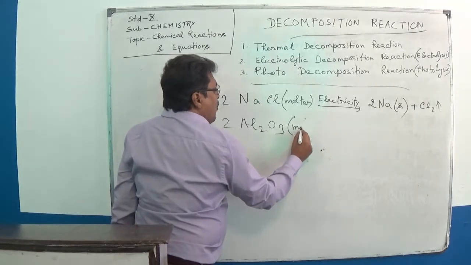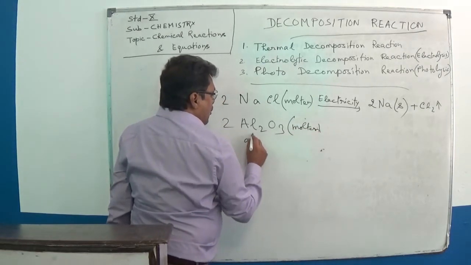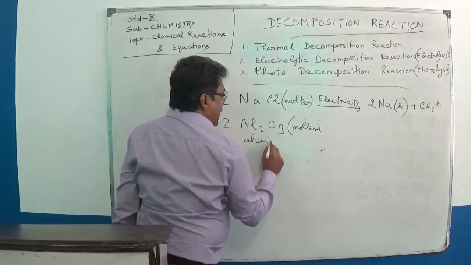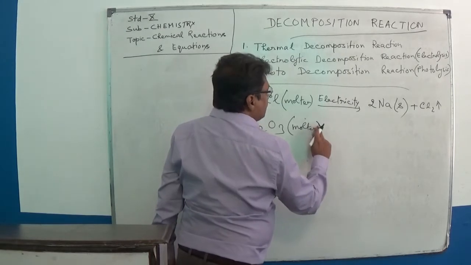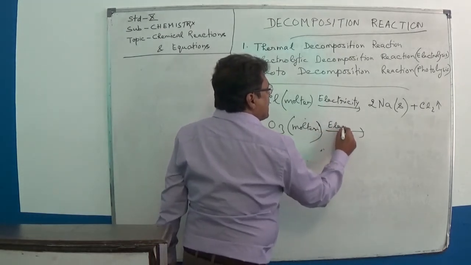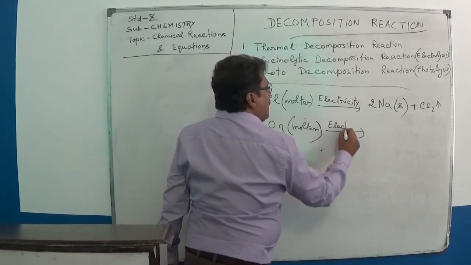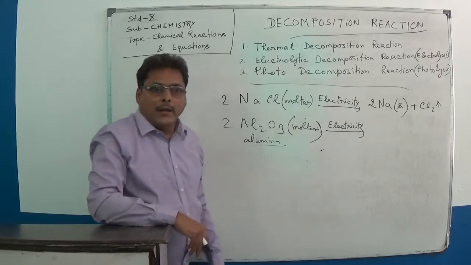It's also in the molten stage. Remember, we call it, the ore is alumina. And we give electrolysis treatment to this aluminum.